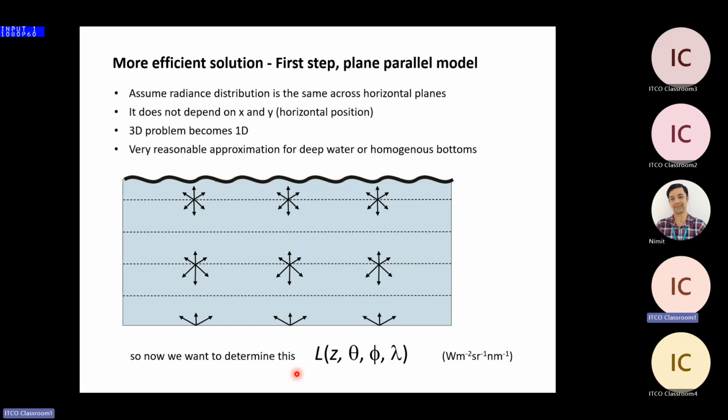So we make this approximation, and our 3-dimensional problem becomes 1-dimensional, and our radiance only has Z. We get rid of the X and Y. We don't care about the horizontal position. So now it's a little bit simpler. We're just talking about a directional distribution of radiance that changes as you go down through the water column.